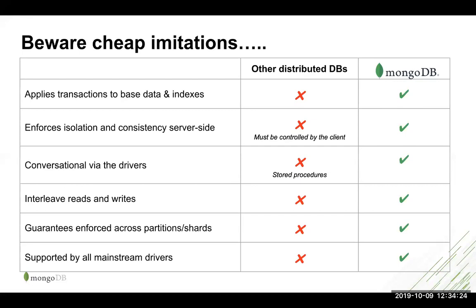Now that's important because many of these distributed databases have eventually consistent indexes which are updated asynchronously from the base data. So you can get different results depending on what you're querying, whether it's a base table or an index. And if a node crashes before that index is updated with that transactional update, you can get data loss. So you need to be very careful on that side.